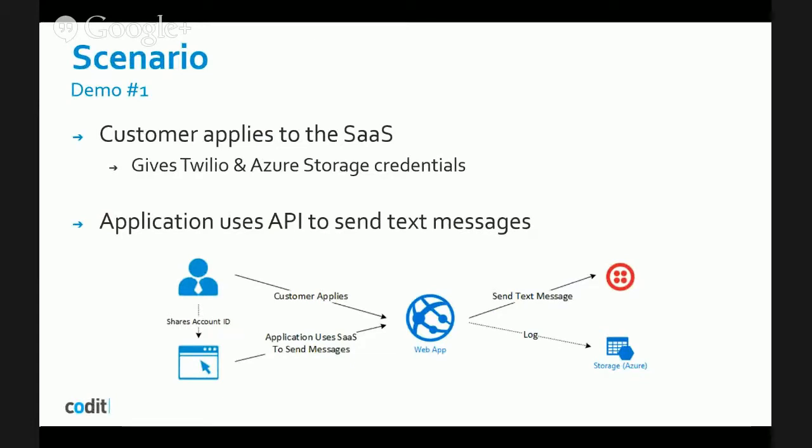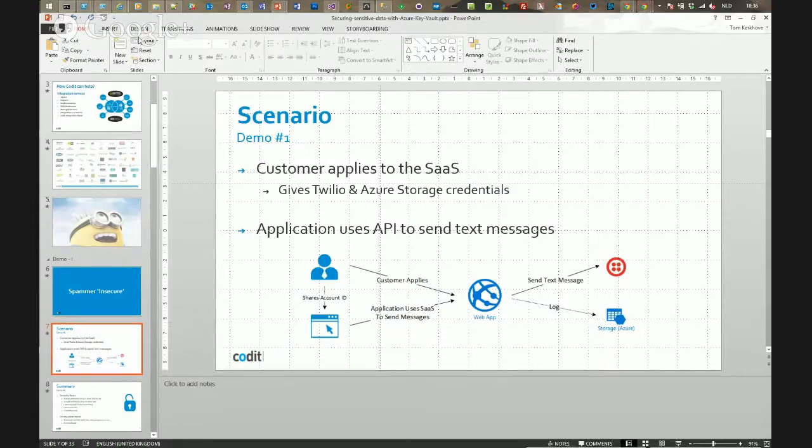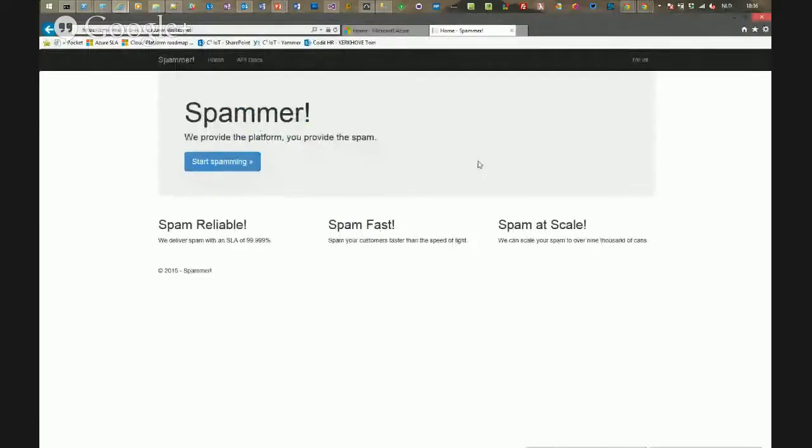They provide me with a Twilio account and their login, and also give me their storage account so we can log something in their tables. Next, they can use their account to call my API so I can send the text for them and spam everyone. So a very basic concept.